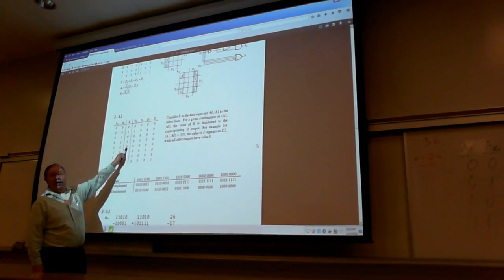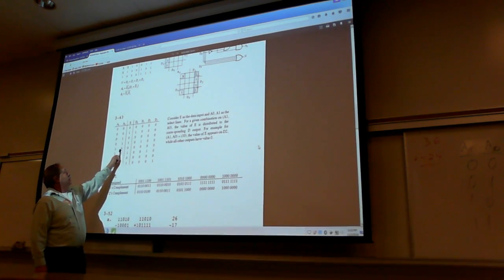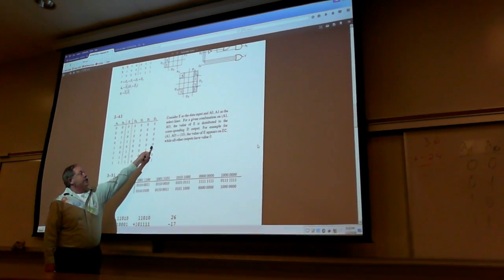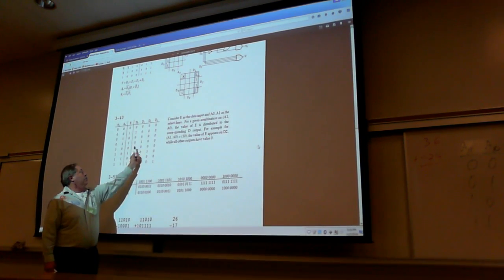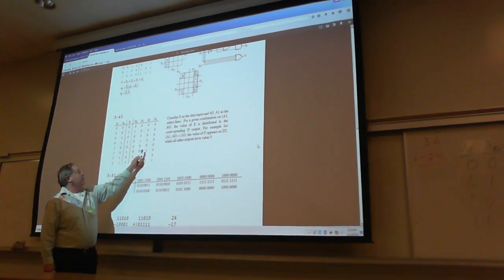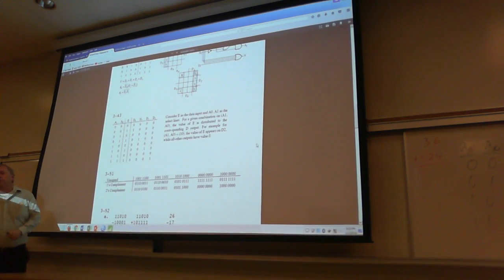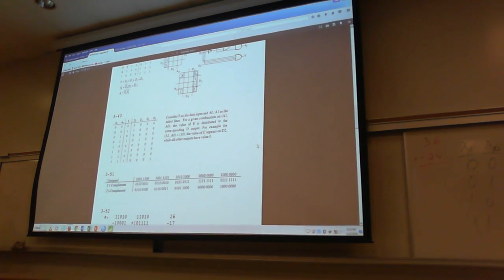In the case where my enabled line had 0, even though I selected 1, 0, it's passing that through as a 0. And 1 and 1 comes through and passes as a 1. So that's what this table is doing. Now you'll never forget the difference between multiplexers and demultiplexers, right?